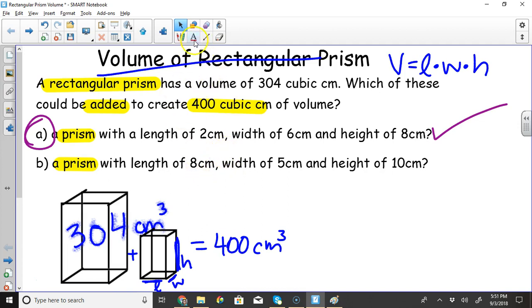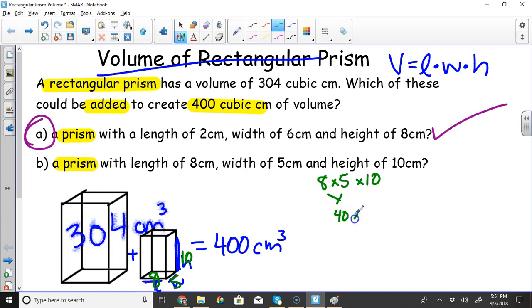All right, so now same concept, except now we're going to do a length of 8, a width of 5, and a height of 10. So 8 times 5 times 10, 8 times 5 is 40, 40 times 10 is 400. Wait, so this is already 400?